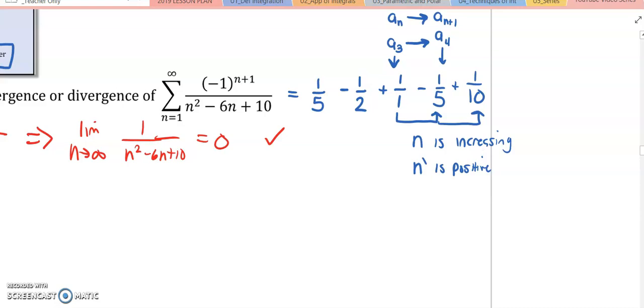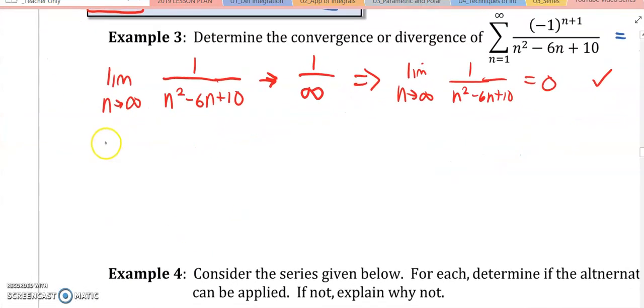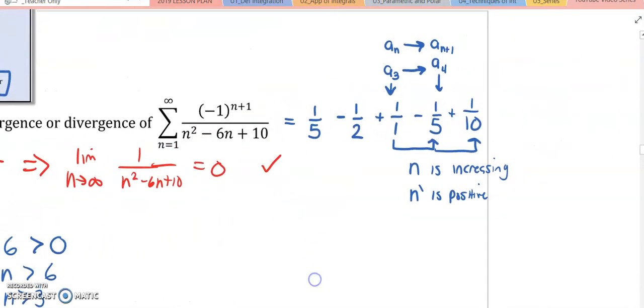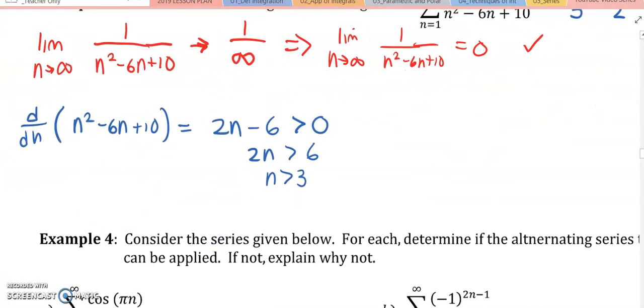So I'm going to take the derivative d over dn of my denominator, and when I do this, I'm going to get 2n minus 6. Well, 2n minus 6 is indeed going to be greater than 0, but not for all values of n. If I solve this, it's only when n is greater than 3, which is exactly what we figured out over here: the value of the denominator will begin to get larger starting at n equals 3, and that's exactly what we have here.